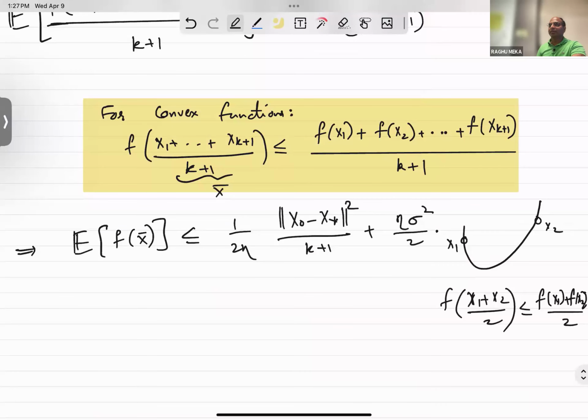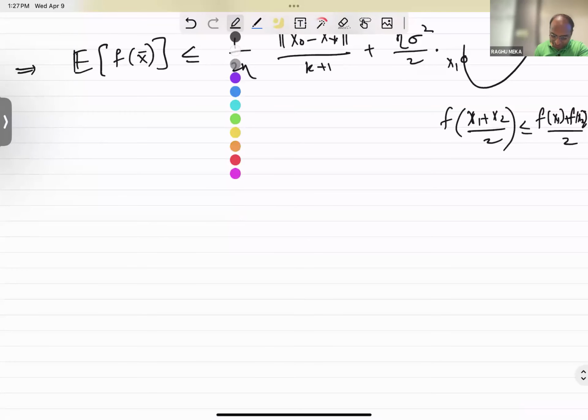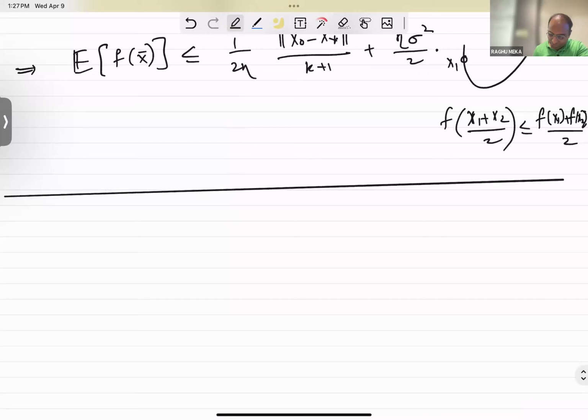All right. So, as I said, the analysis is similar, but you have to do something a little bit different. There are some special cases where people have analyzed what happens in SGD if I use the last iterate itself. This is called last iterate convergence bounds.